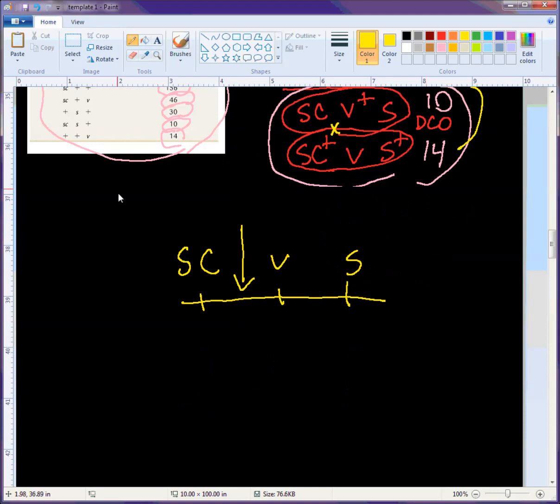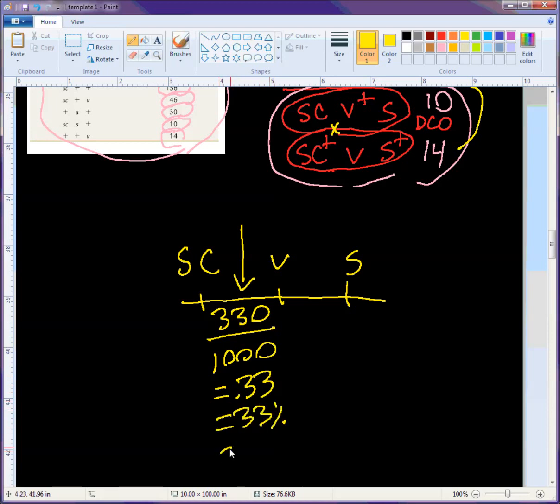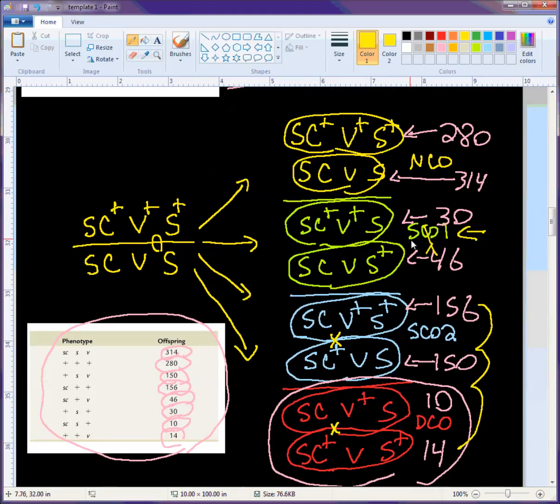Okay, so 330 divided by a total of 1,000 progeny, or 1,000 gametes in this case, or progeny, it doesn't matter how you look at it, equals 0.33 or 33% or 33 centimorgans.